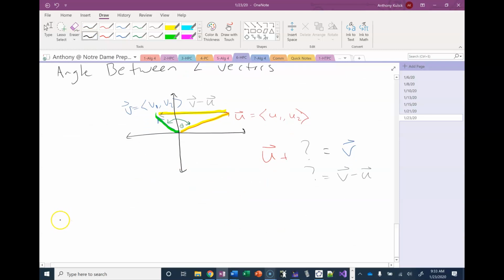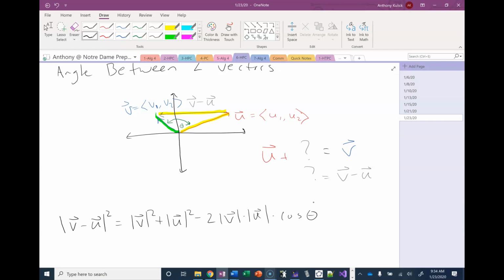So what I can say is that the magnitude of v minus u squared is equal to the magnitude of v squared plus the magnitude of u squared minus 2 times the magnitude of v times the magnitude of u times the cosine of theta. Is everybody okay with that? It's just me applying the law of cosines, right?